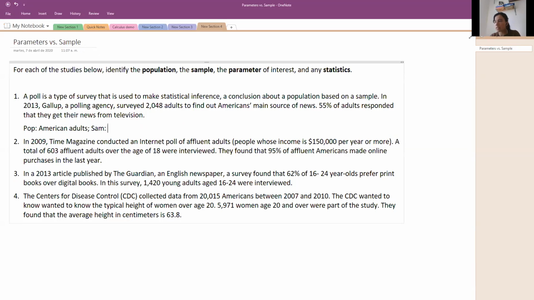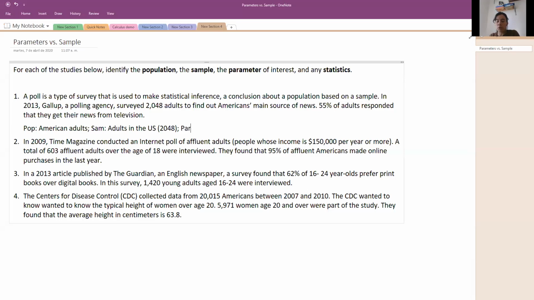So it looks like the sample, based on the statement that 55% of adults responded that, the sample is also adults in the US, right? Then, what is the sample size over here, just to make sure that we have that on hand? 2048. 2048.